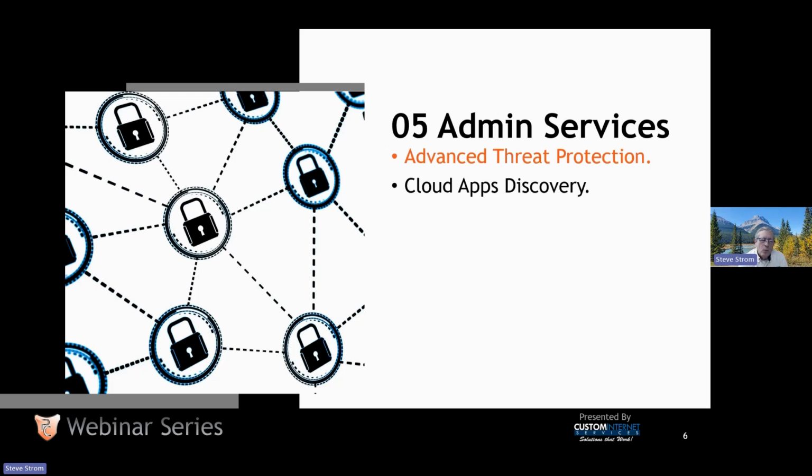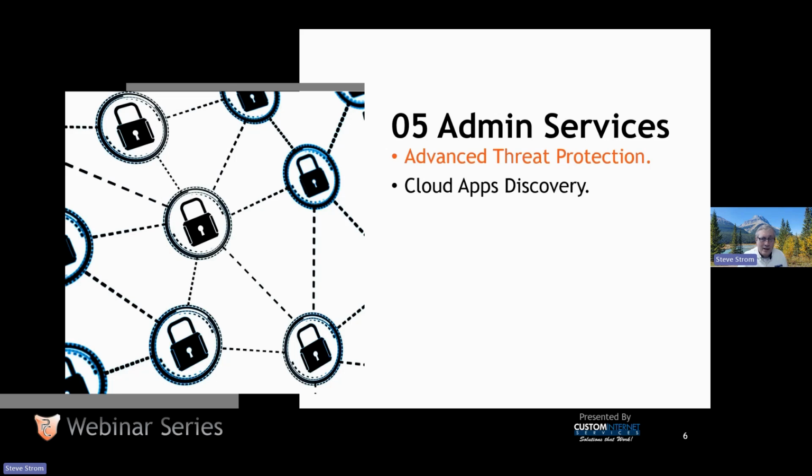Cloud Apps Discovery within the Microsoft 365 Business Premium ecosystem lets you find out from all of your different endpoints what cloud services your employees are using. And then it lets you make the decision: is that an appropriate cloud service, or is somebody doing that when they shouldn't be, or on the side, and sticking information up there that the rest of us don't have access to?